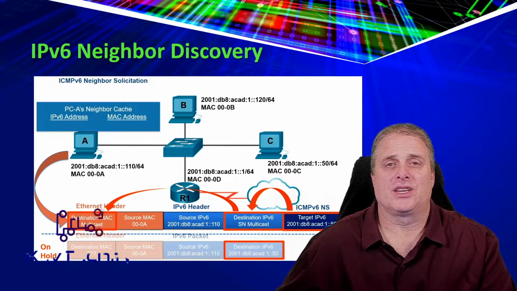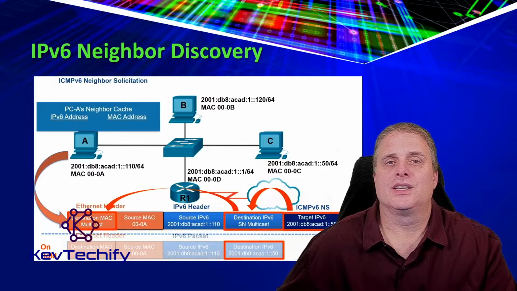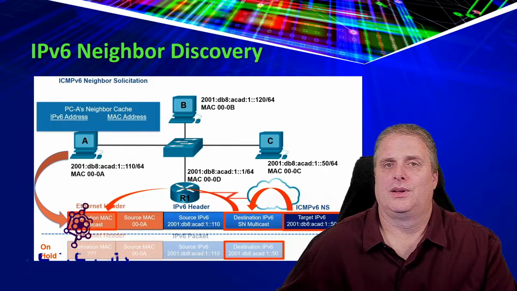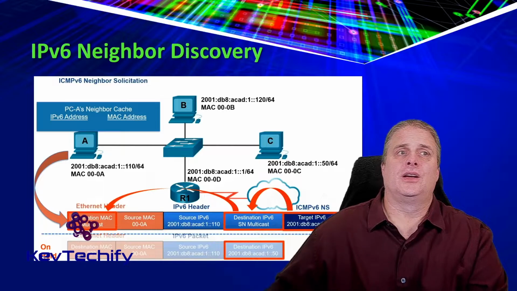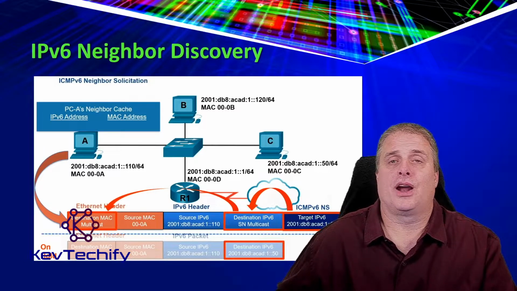This mapping process contains a significant portion of the target IPv6 address. This allows for the Ethernet NICs on each device that receives this frame to determine whether or not to process the frame. This is where we see an advantage of ICMP version 6 Neighbor Discovery over ARP for IP version 4.